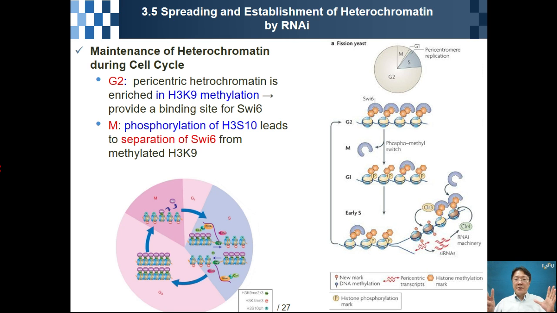The 9th location is methylated, but during M phase, the serine at the 10th location is phosphorylated. So phosphorylation of H3S10, especially at the 10th location, serine, leads to separation of Swi6 from methylated H3K9.